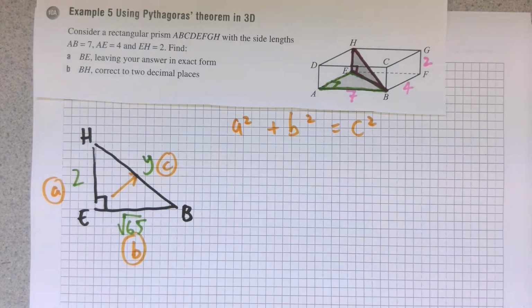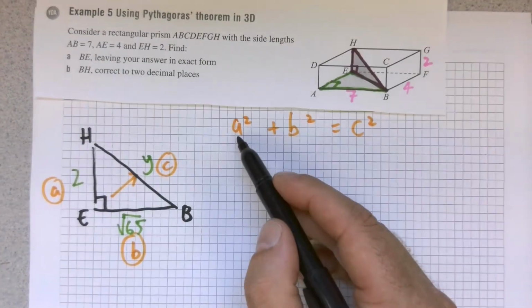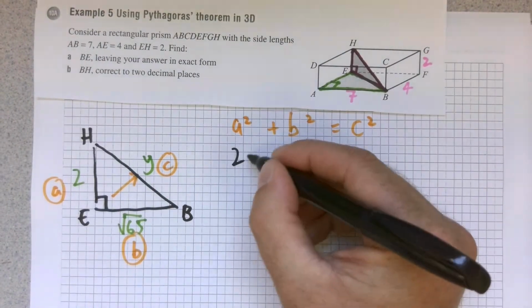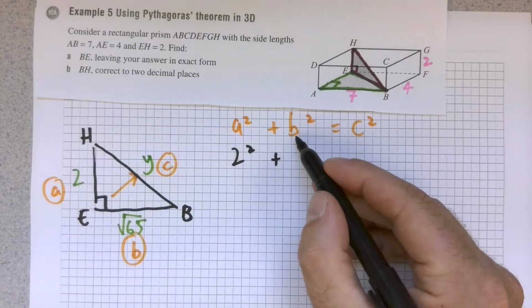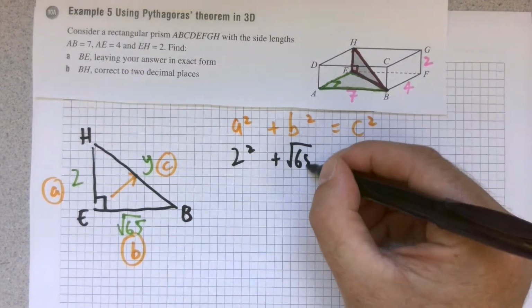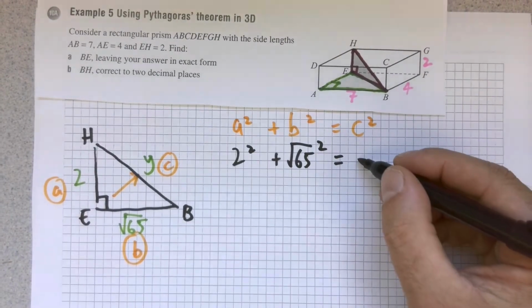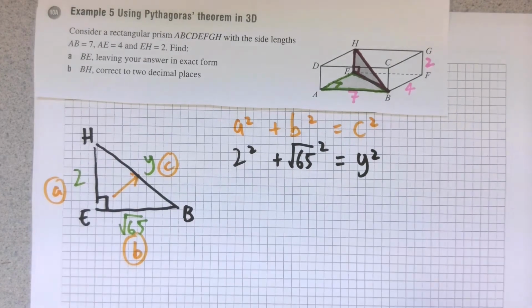Now we substitute those values into the equation. Instead of a, we use the number 2. Instead of b, the exact value, square root of 65, squared. And that's equal to the hypotenuse squared, or y squared in this case.